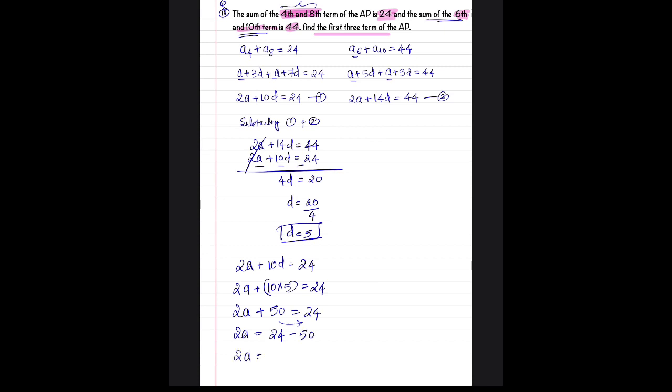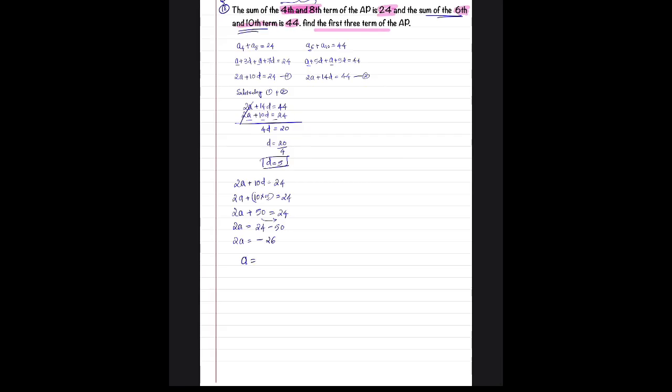So 2A is equal to minus 26. A is equal to minus 26 divided by 2. So A is equal to minus 13. So student, the first term is minus 13.